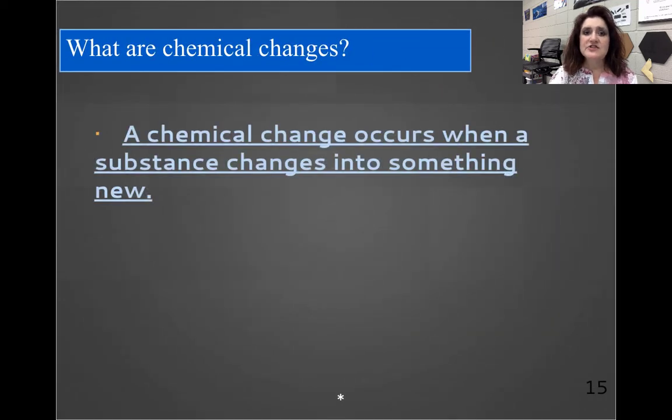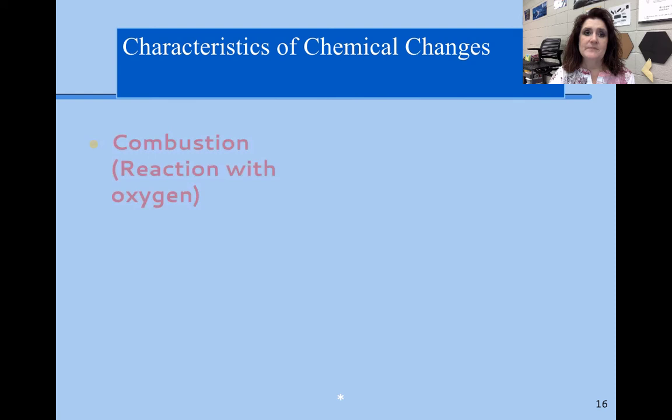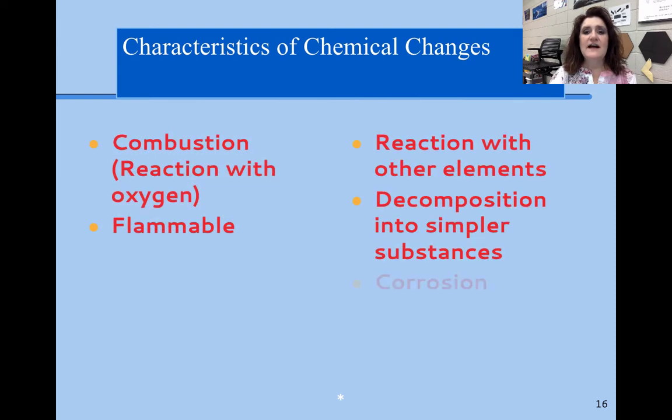A chemical change occurs when a substance changes into something new. This is due to some kind of chemical reaction, and you can tell a chemical change has occurred if the physical properties of the new substance are different than they originally were. So these are the 5 chemical properties and chemical changes that you need to know.